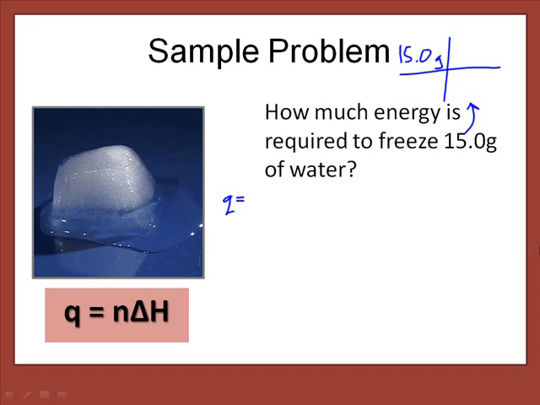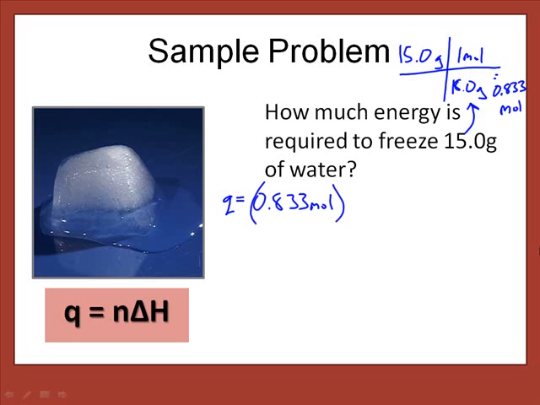And, you know, a little factor label here: for every 18 grams of water, that's 1 mole. So that is how many? That is 0.833. Didn't really give myself enough room here, sorry. That's 0.833 moles. So we can put that here, 0.833 moles. And let's see, this is freezing.